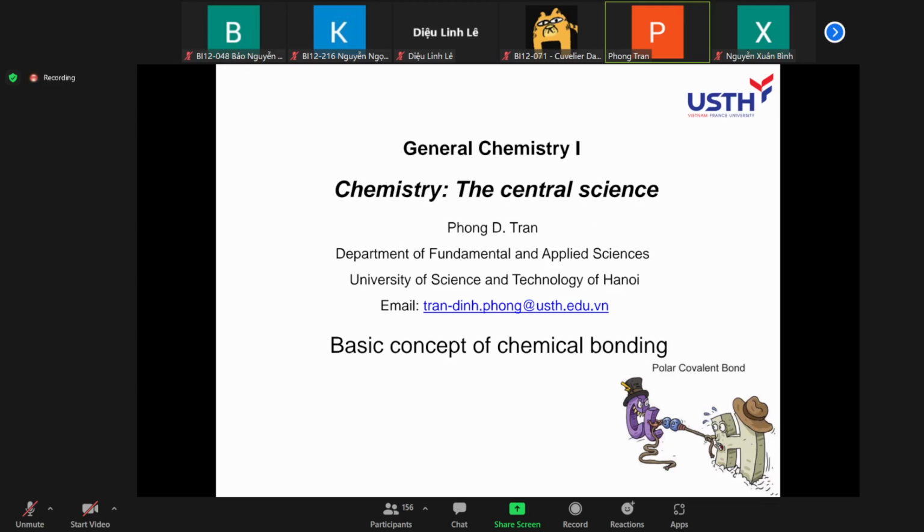But for the moment, to keep it simple and accessible for all, we consider that the C-H strength in CH4 or CH3Cl will be identical, or similar. Okay? Yeah, okay, thank you.